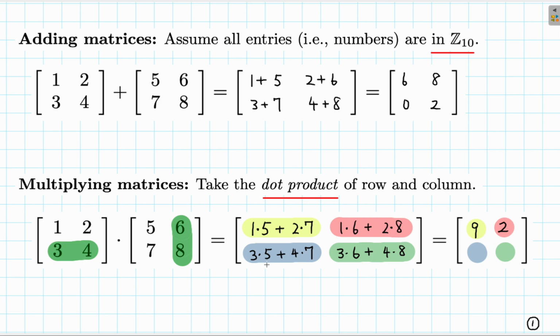Again, focusing on the ones digit, so 15 becomes 5. 28 becomes 8. 5 plus 8 is 3 in Z10. And this is 18 becomes 8. 32 becomes 2, which is 0, adding those together. And so our product is 9, 2, 3, 0.